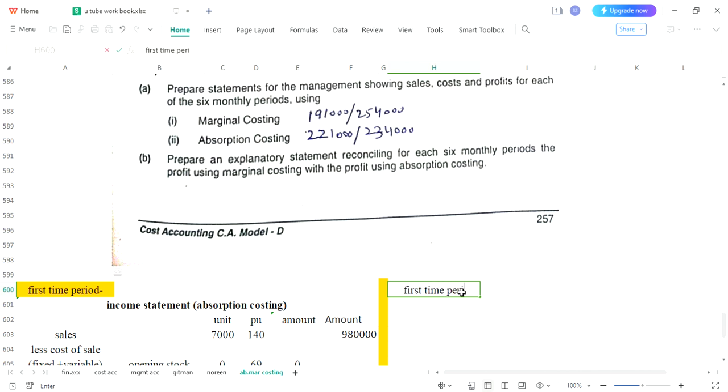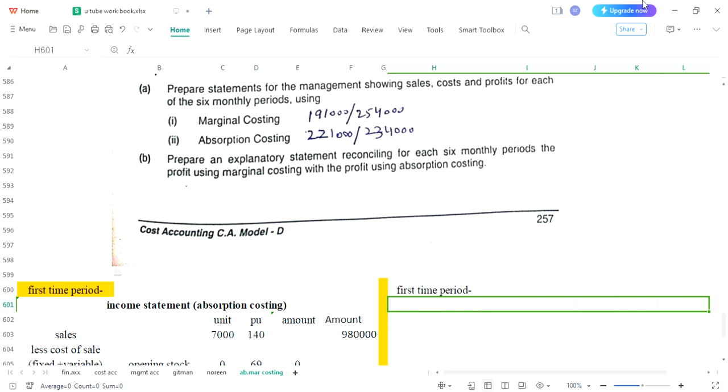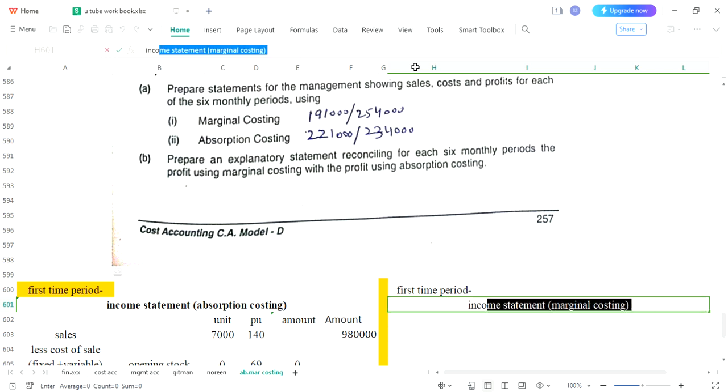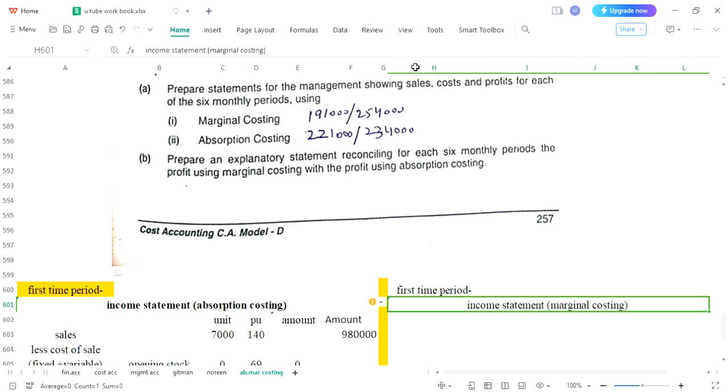And here we will make income statement for first time period, and this would be entirely dependent upon marginal costing. So income statement according to marginal costing we will be making over here.